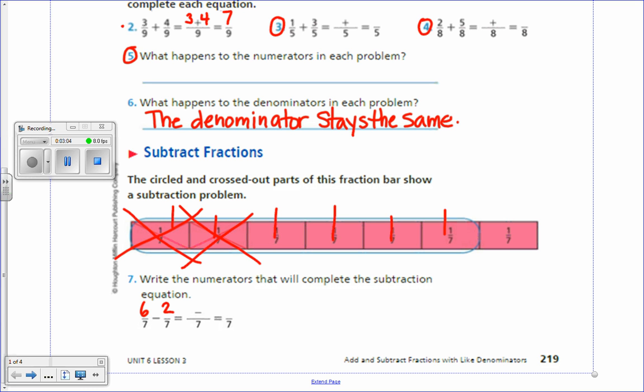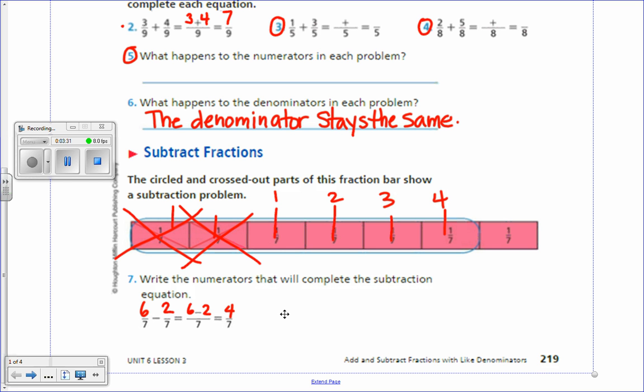So what would be my problem? 6 take away 2 equals, how many's left? 1, 2, 3, 4. So as you can see, again, the 7ths aren't changing because the denominator is staying the same. You still have the same size pieces, whether you're adding them or subtracting them.